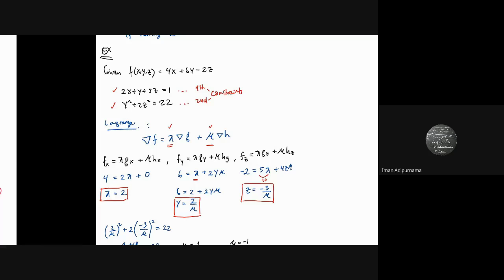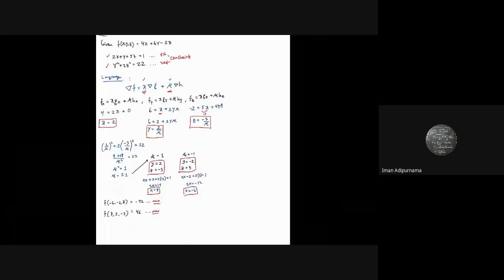The concept for Lagrange, the idea is having the gradient vectors and then having the multipliers, which are the Lagrange multipliers, the lambda, the mu, and either finding the lambda or just using all the relations you have to find the x, y, and z. Okay, that's it. So this will be the end of chapter 14.